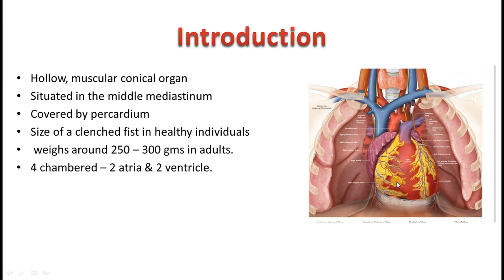On the surface, the position of the septum is represented by a groove, and this is better appreciated in the ventricles than in the atria. In the atria, you won't be able to visualize the groove anteriorly or externally, especially from the front.